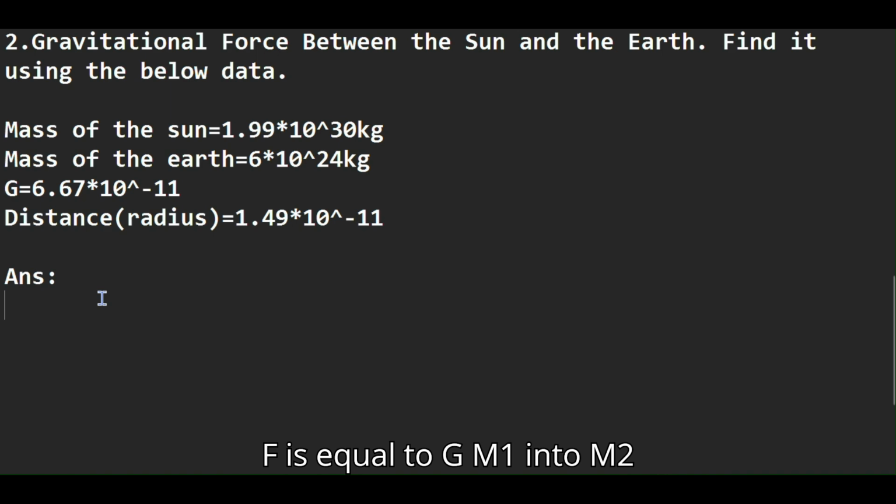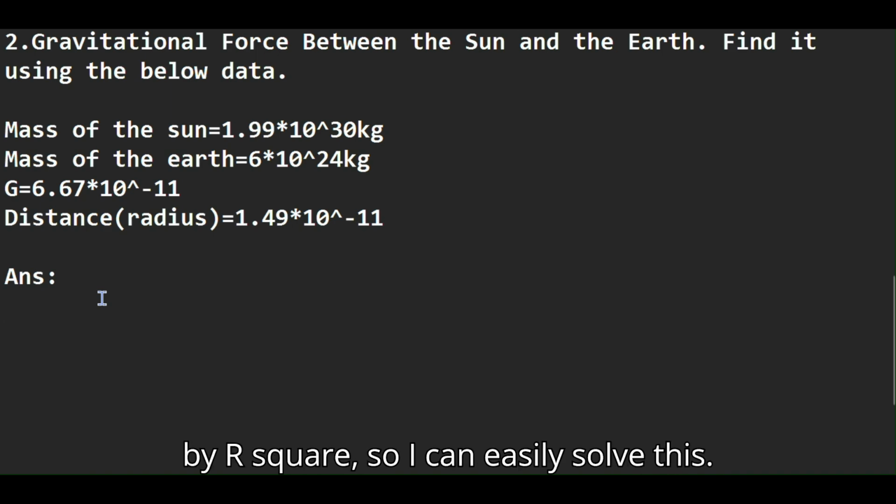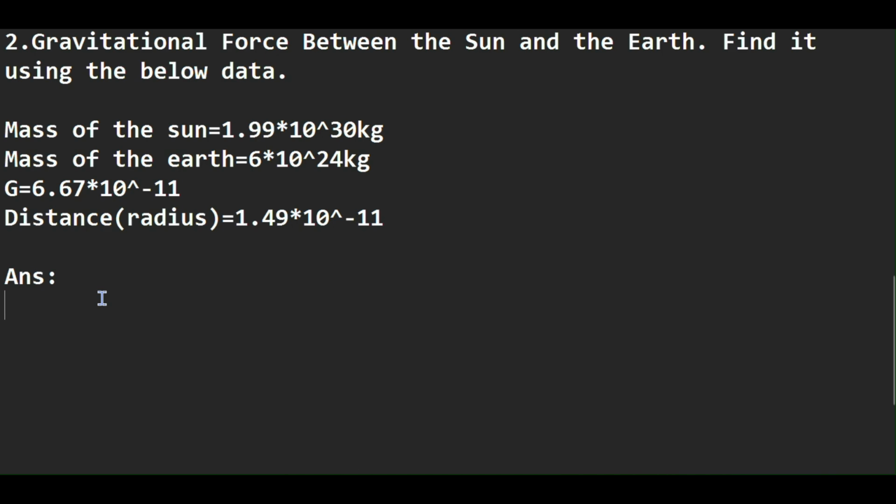Now we know F is equal to G m1 into m2 by r square, so I can easily solve this.